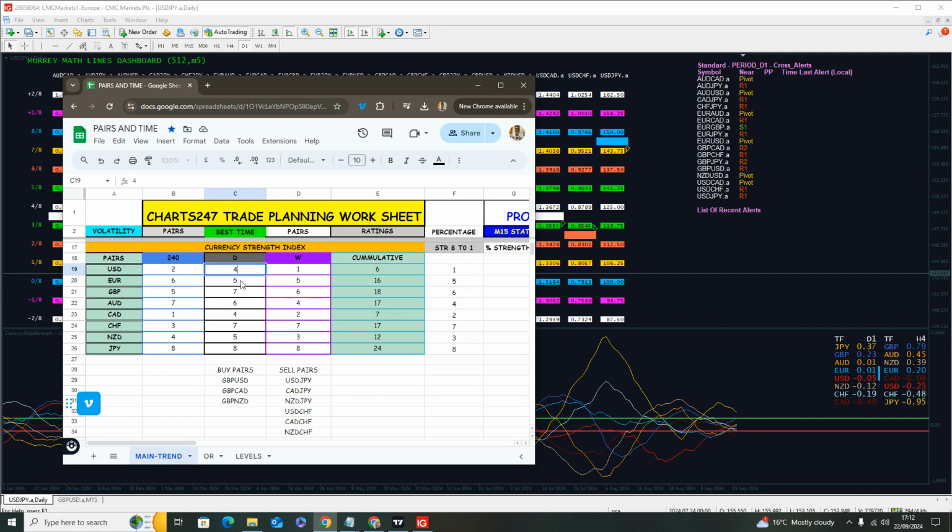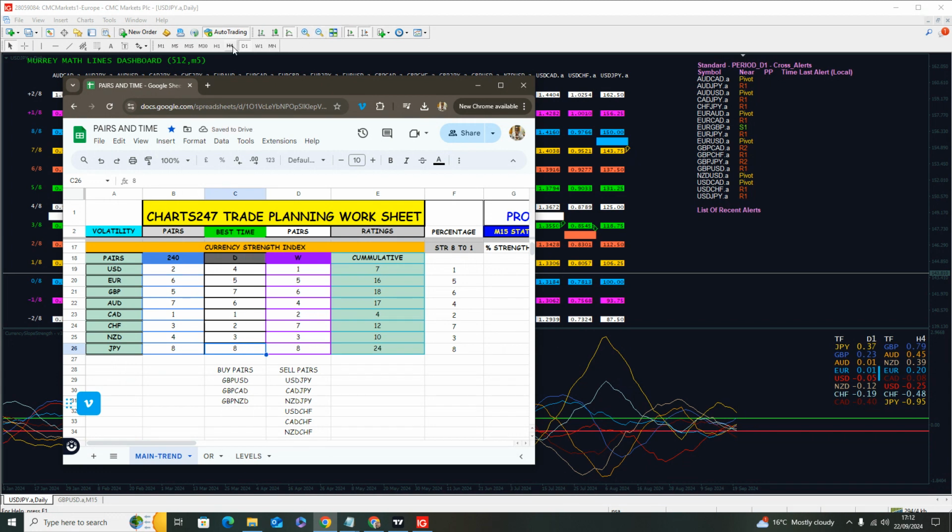The New Zealand dollar is 3, so that one has dropped. The Swiss is now 2. Swiss has dropped from 7 to 2, so there's a clue there for us. And the Canadian dollar is the weakest, the CAD is 1. So we have 1, 2, 3, 4, 5, 6, 7, 8. The Japanese yen remains unchanged.